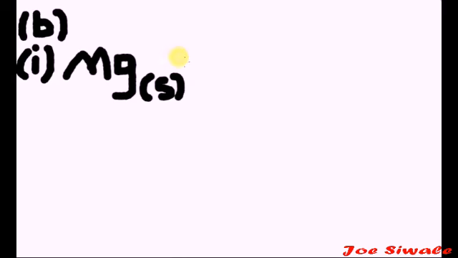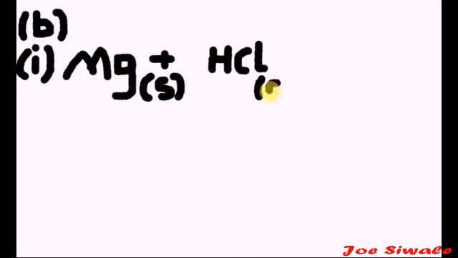When magnesium reacts with hydrochloric acid, the products produced are magnesium chloride plus hydrogen gas. So the symbol of magnesium is Mg and the state symbol is s. The symbol of hydrochloric acid is HCl and the state symbol is aq.